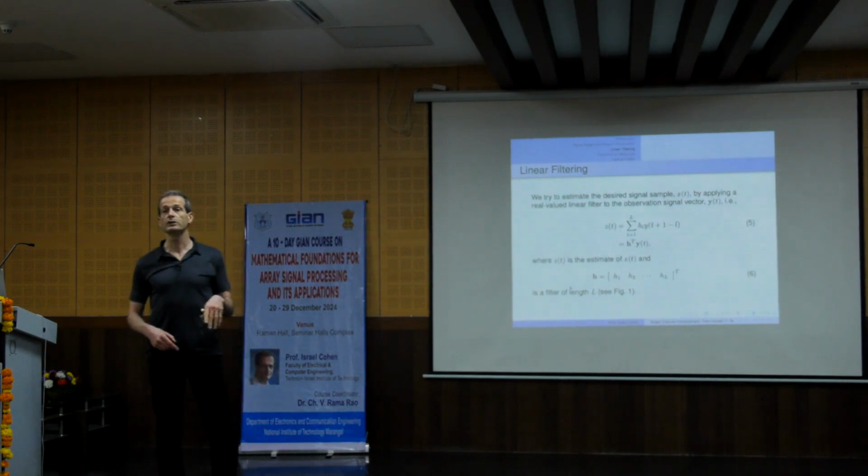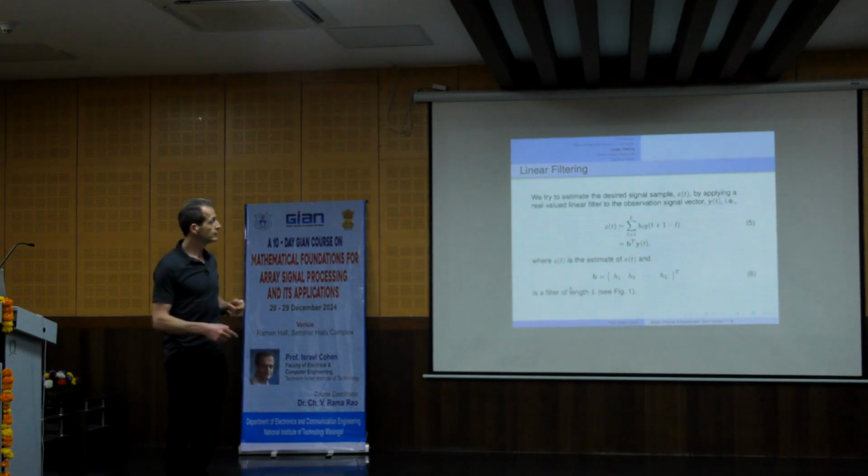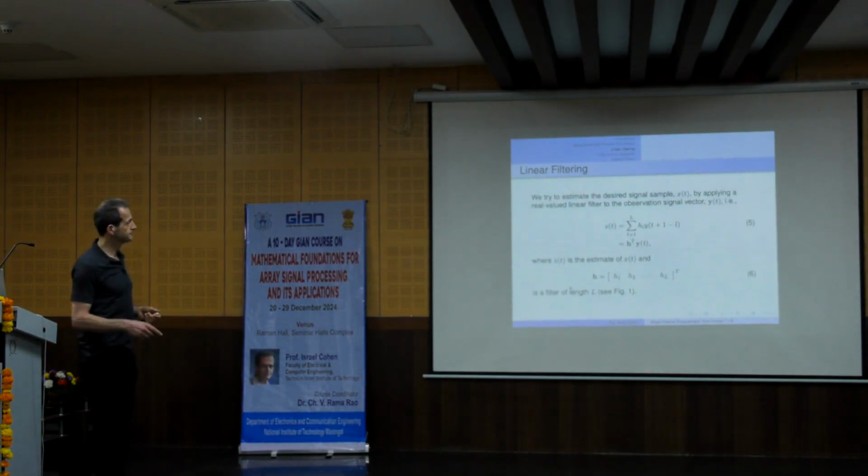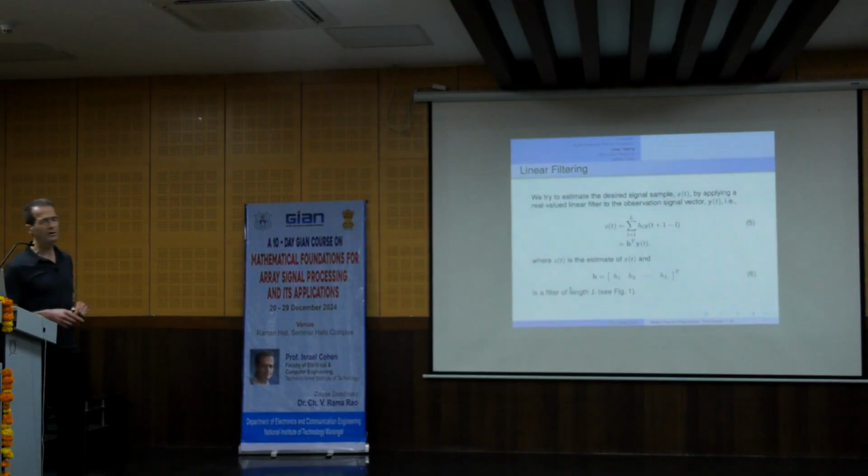For example, if we use a neural network to find the output, the estimator, based on some samples, and a neural network is nonlinear, so we have nonlinear estimation, prediction, causal, non-causal, all these names. But here we focus on linear because it's simpler for the definitions and for understanding and for the intuition.